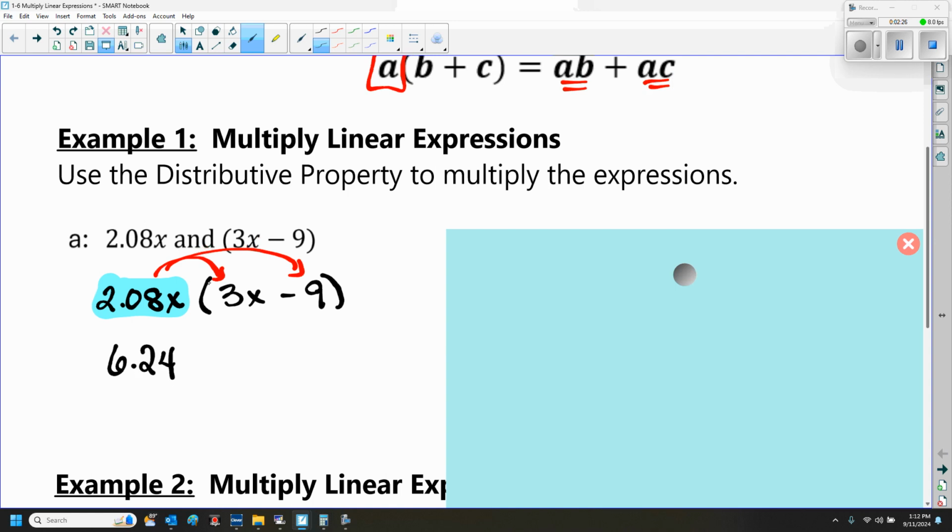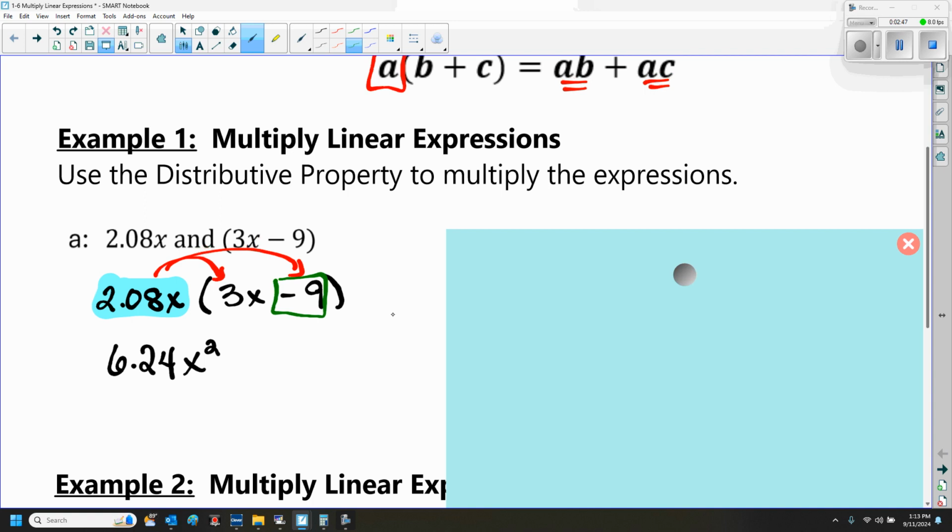We also have x times x, and x times x is x squared. Very good. And now we're going to multiply 2.08x times a negative 9.